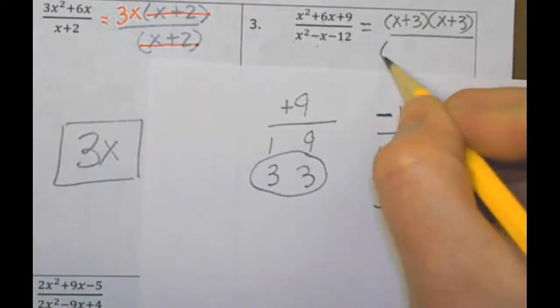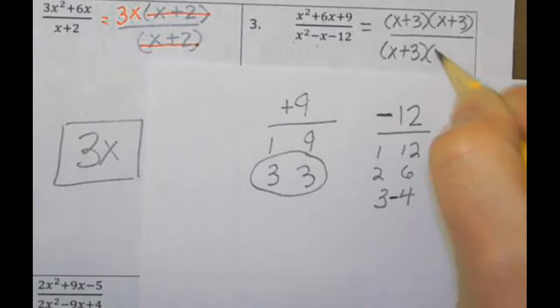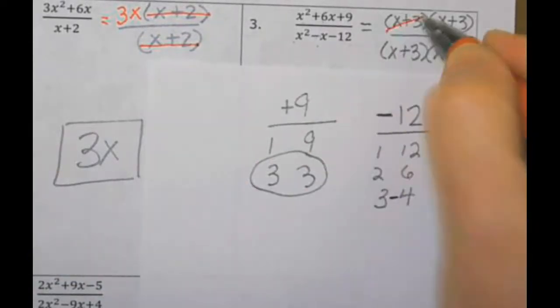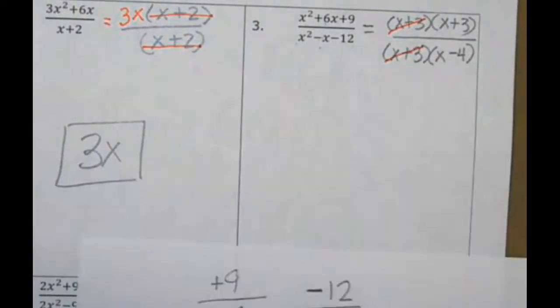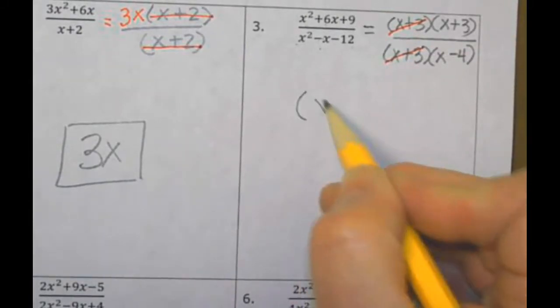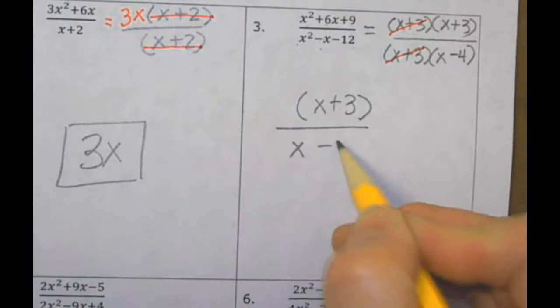So this is going to be x plus 3, x minus 4. This x plus 3 cancels that x plus 3, and my final answer is x plus 3 over x minus 4.